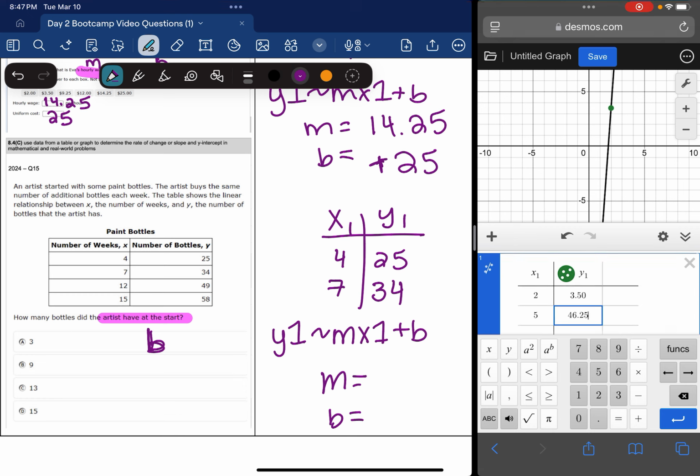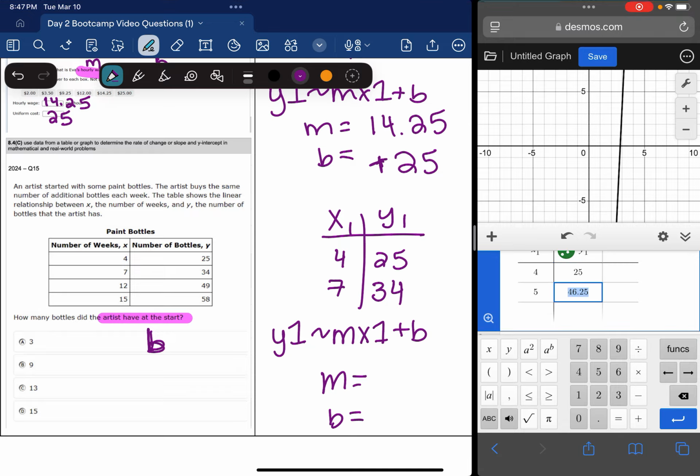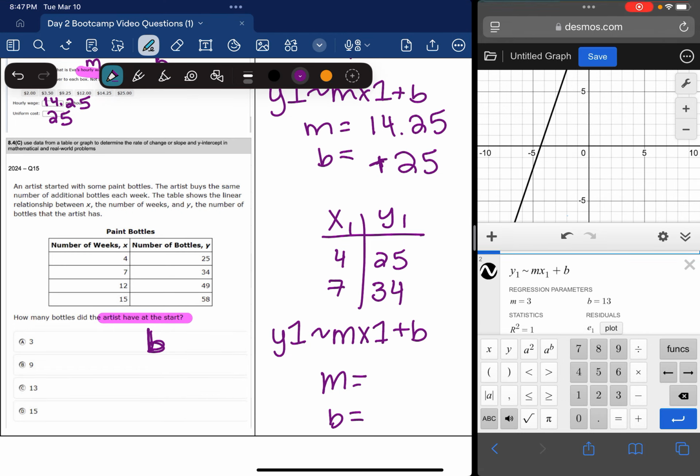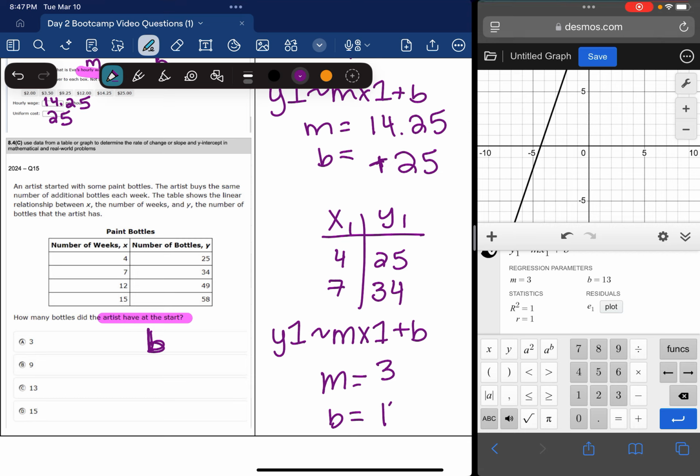Again, in our decimals, the only thing we have to change now are the coordinates in the table. 4, 25, 7, 34. Okay, so that gives me a slope of 3 and a y-intercept of 13. But remember, they're only asking for the start, which means they're asking for your y-intercept, which is C.